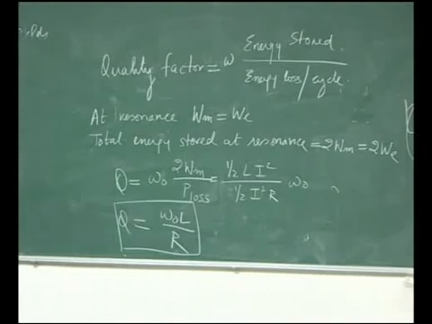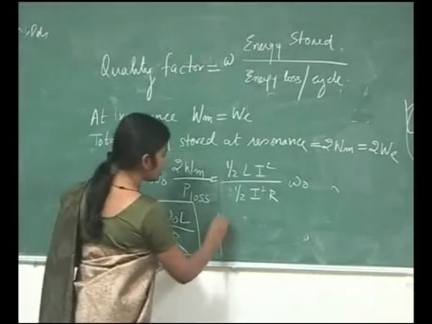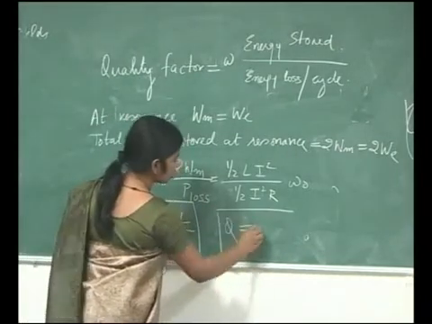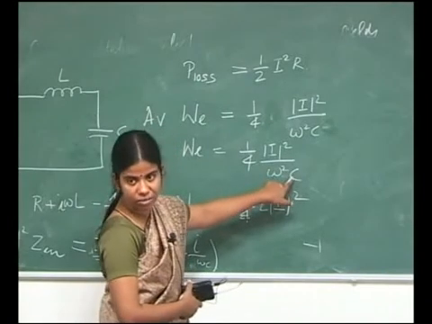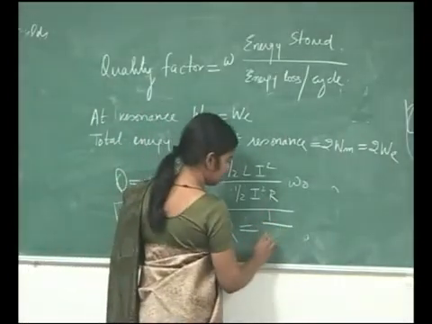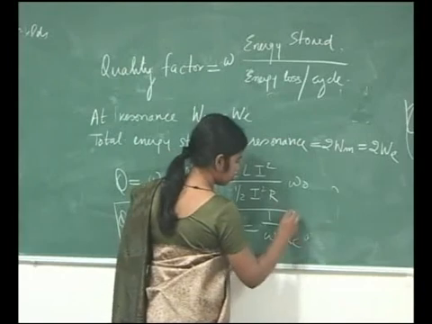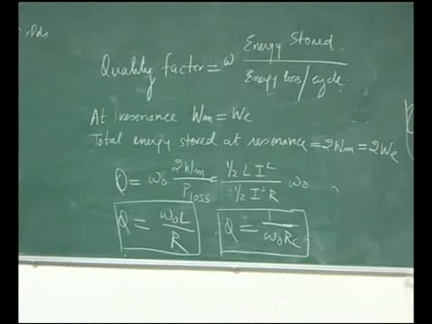Similarly, if I take We instead of Wm, what will be Q in that case? Tell me. Now your We is 1 by 4 i square upon omega 0 square C. So I think you must get Q equal to one upon omega 0 RC.